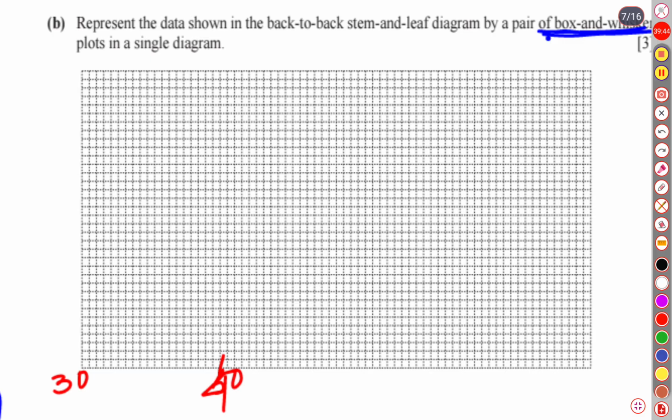Then 1, 2, 3, 4, 5, 6, 7, 8, 9, 10, 11, 12, 13, 14, 15, 16, 17, 18, 19, 20. So it is going to be 50. After 50, then 60. So 1, 2, 3, up to 20.